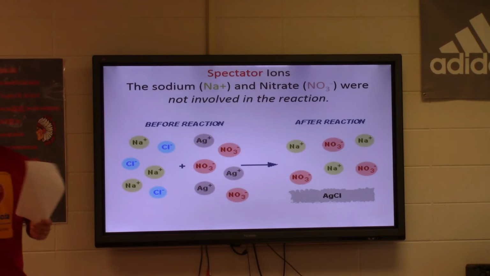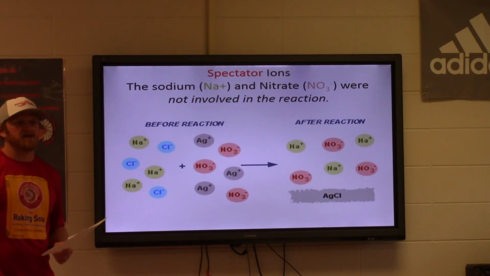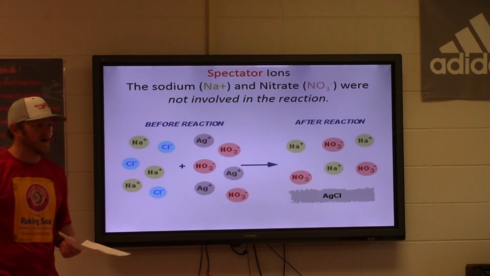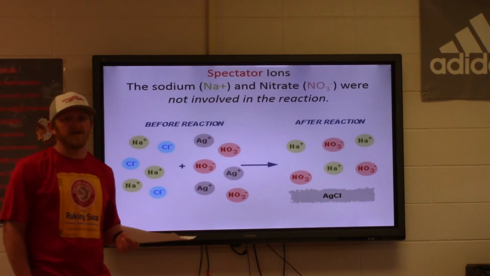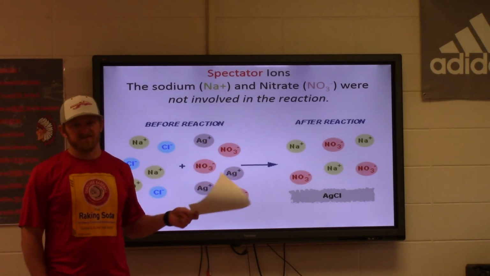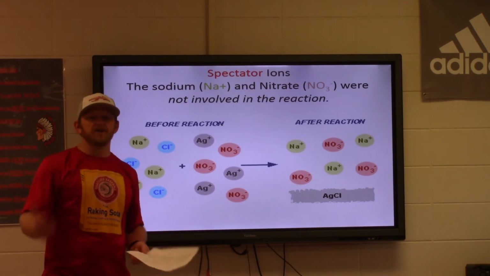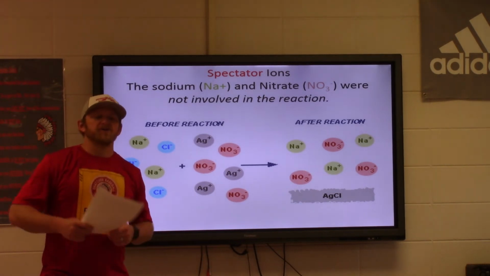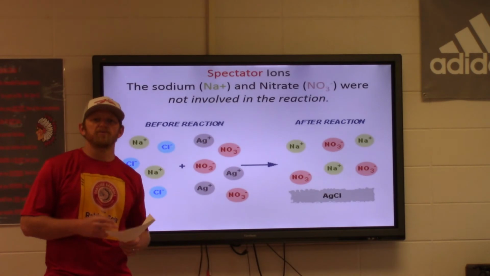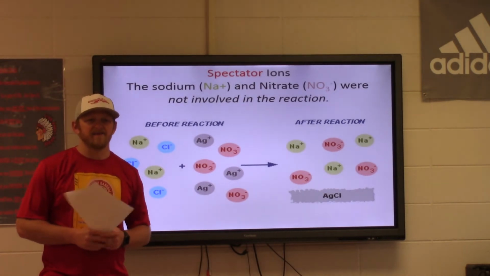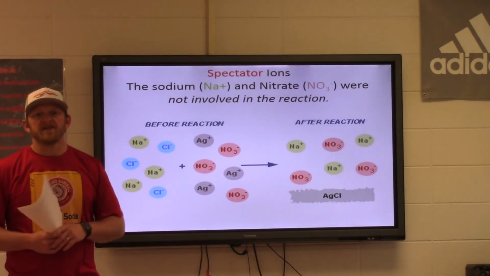The way I like to refer to spectator ions is to say that you're at a game. We go to a ball game. Let's say we go to a big game coming up this fall after this virus is gone, an Alabama-Auburn game in November. There's 100,000 people there. You're a spectator. You really have no part in what happens in the game. It's the people on the field that make it happen.